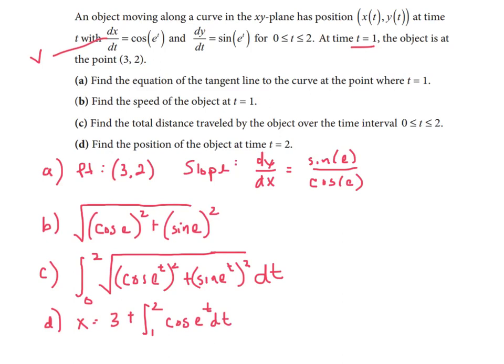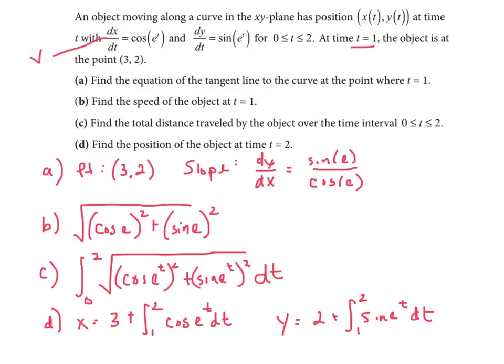That's the x-coordinate. The y-coordinate, well, it started at 2, and again the integral will tell me how much it changed, and then I'll be able to get the position, the x and y coordinate. So you just got to be careful with what you've been given, but certainly the question is not that hard.